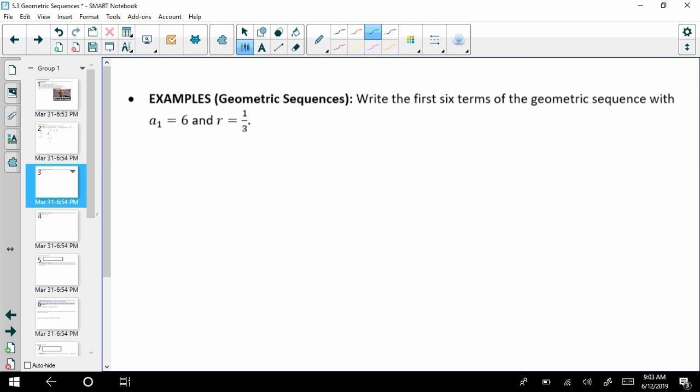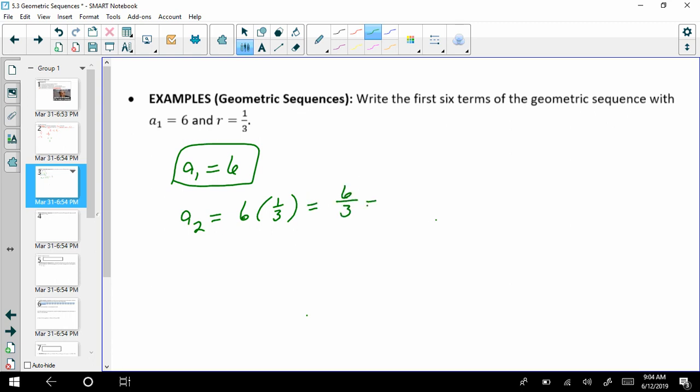Write the first 6 terms of the geometric sequence with a sub 1 being 6 and r being 1/3. Well, they gave me the first answer. So a sub 2, all I have to do is take 6 and multiply it by r, because they told me they're multiplying by 1/3. 6 times 1/3 would technically be 6/3, or just 2.